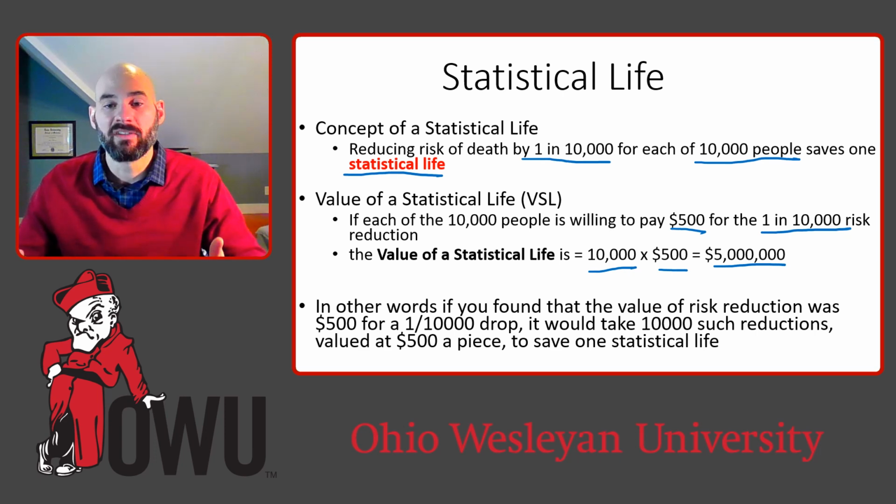So in other words, if we find the value of risk reduction was $500 for a 1 in 10,000 reduction in risk of mortality, it would take 10,000 such reductions valued at $500 a piece to save that one statistical life.